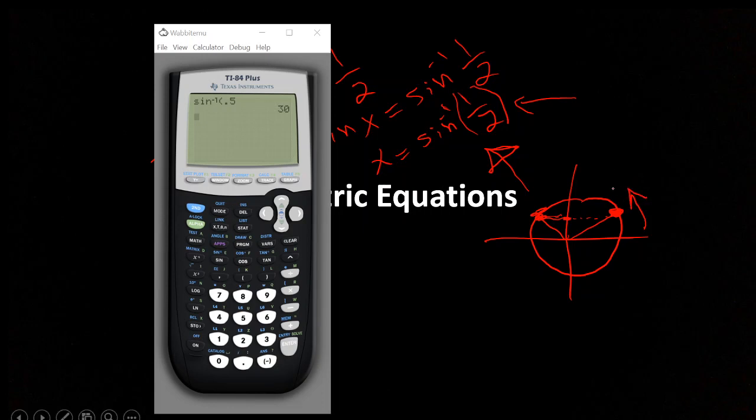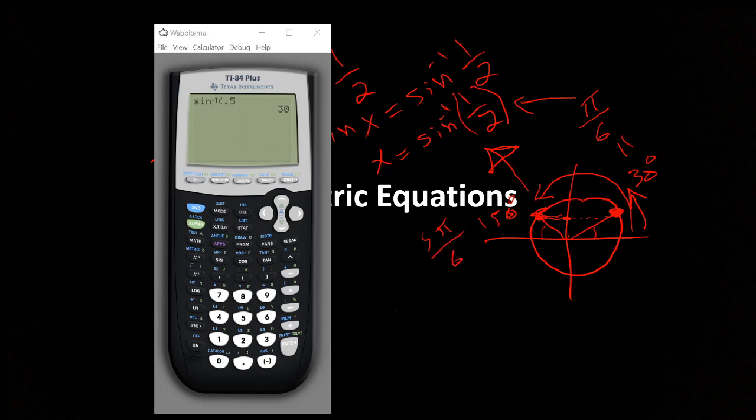Remember, you were supposed to memorize these numbers. So 30 degrees, or pi over 6, that's 30 degrees. And the other angle right here would be 180 minus 30, because this is 30 and this is 30. So that's 150 degrees, or in radians, 150 degrees is 5 pi over 6.